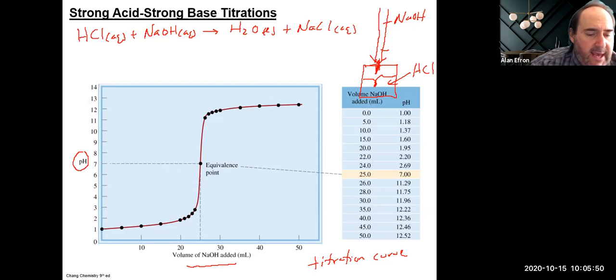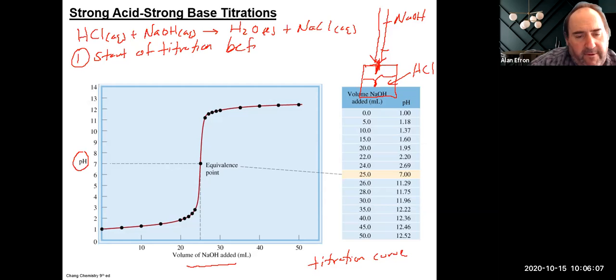And we're going to talk about different parts of this particular curve. The first part we're going to talk about is at the start of the titration, before you add any sodium hydroxide.